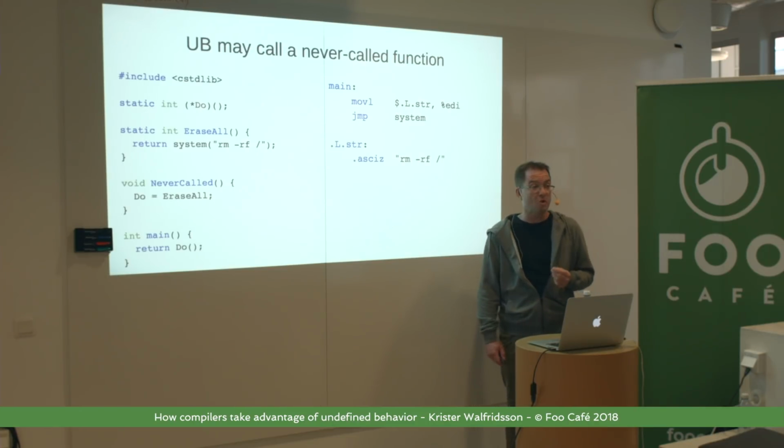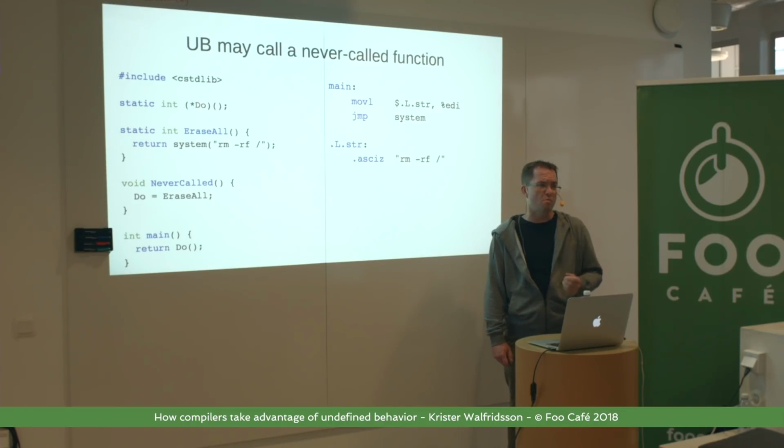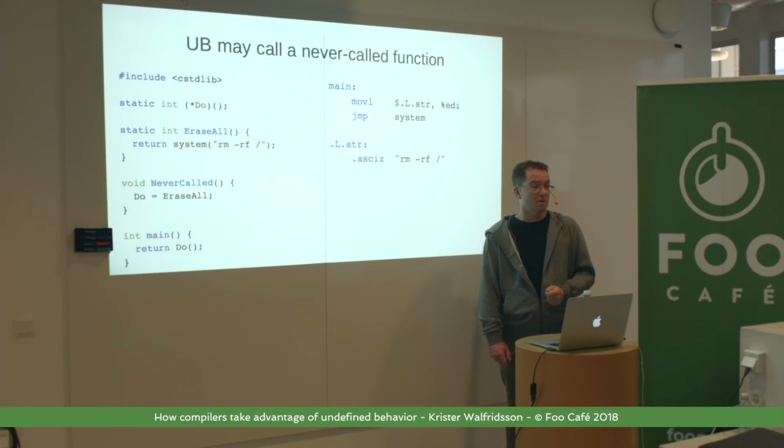To begin with, calling a function pointer is common in C++, where you have virtual functions and so on. So the compilers want to see what it jumps to, because often there is only one choice. And if the compiler can figure that out, it can then inline and do all the normal optimizations.